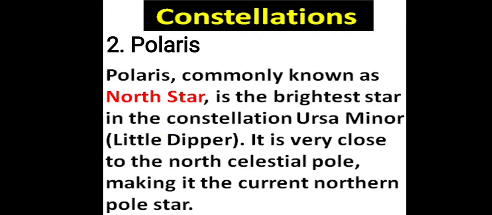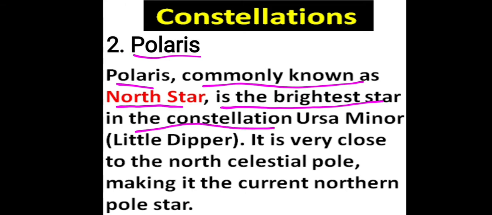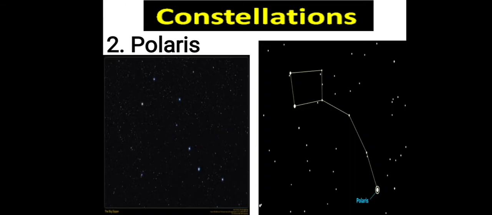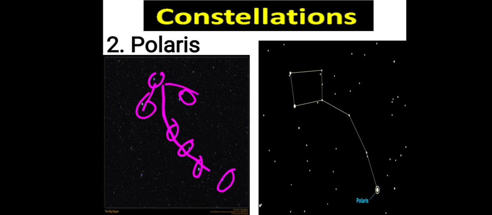The second one we have is Polaris. Polaris is commonly known as the North Star. It is the brightest star in the constellation Ursa Minor. Looking at them in the night sky, you will see stars, 1, 2, 3, 4, 5, I know, 6 stars or 7 stars. Now, you connect them and you will form an arrow.